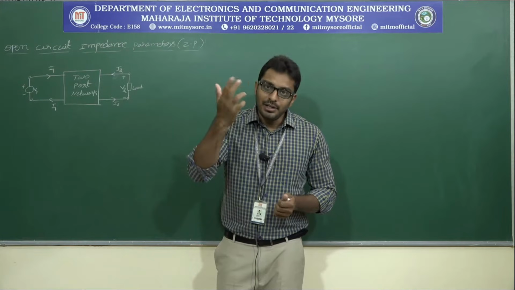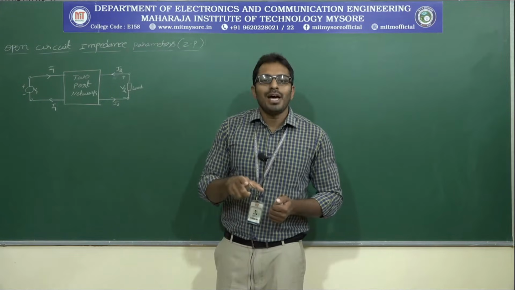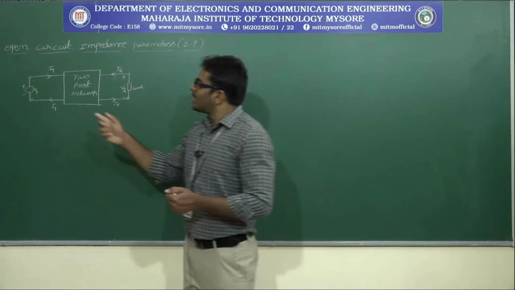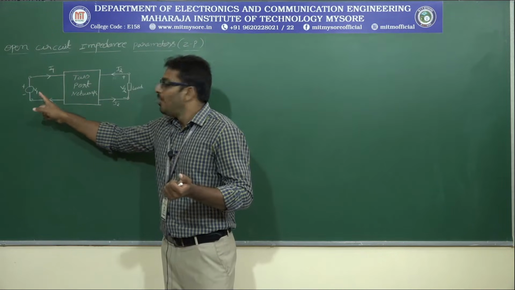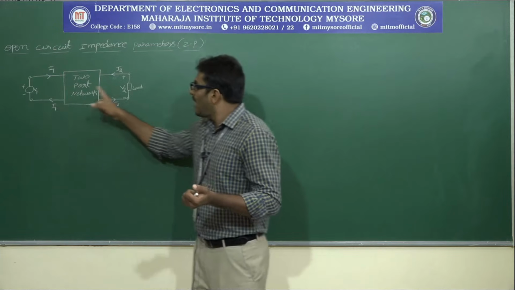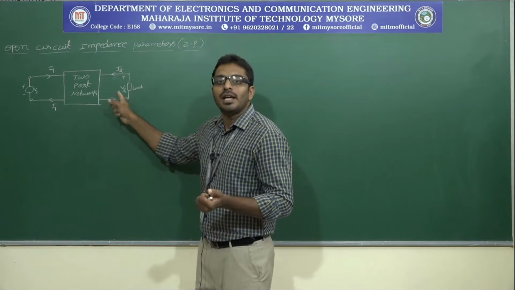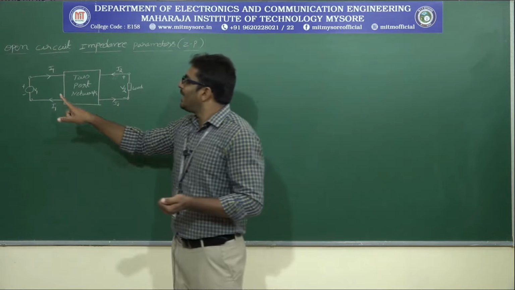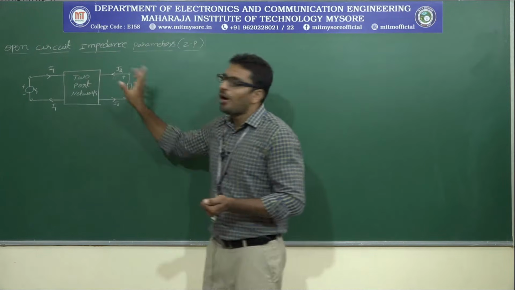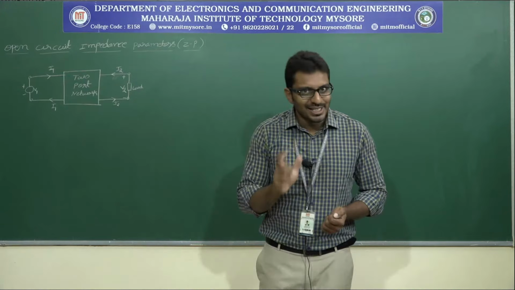So, in order to explain Z parameters, express voltages. How many voltages are there? V1 input voltage and V2 output voltage at both the ports in terms of currents at the input and output ports. Is it clear?